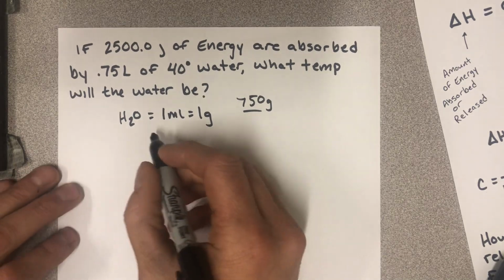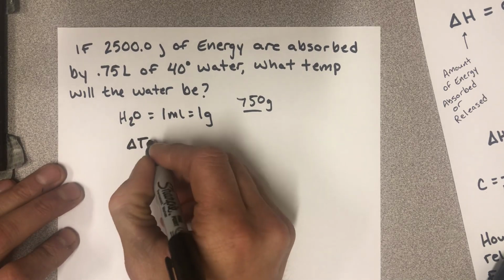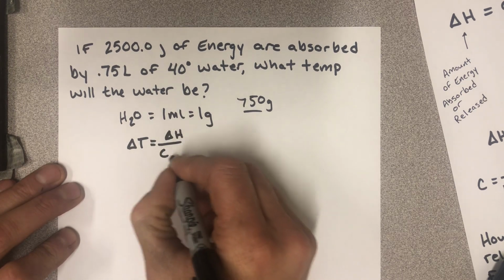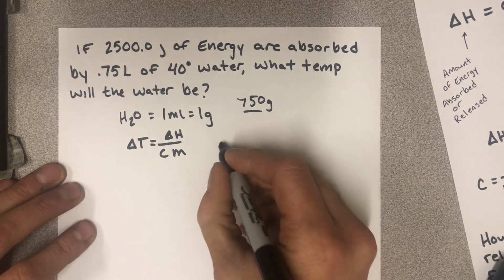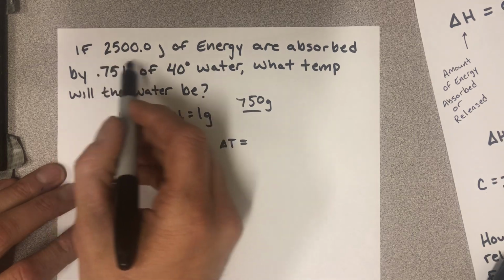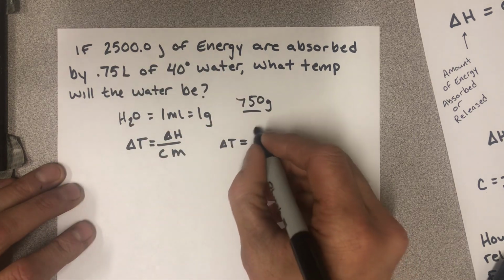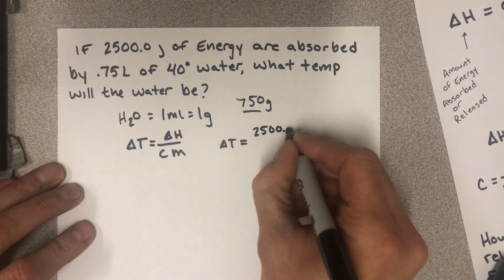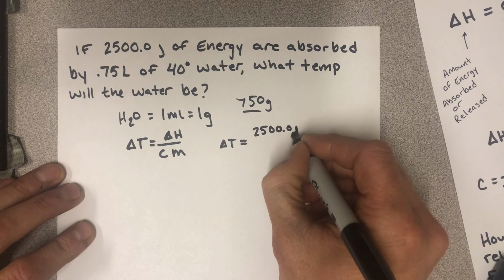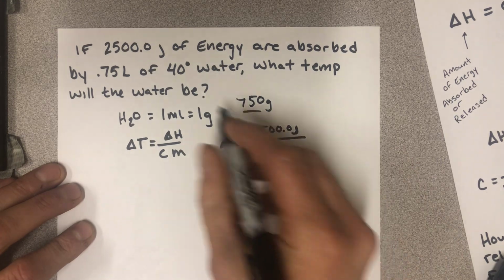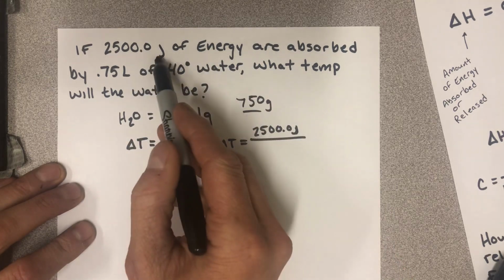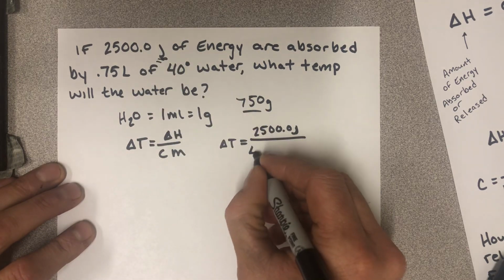So we'll set it up to solve for ΔT. And this is ΔH over c times m, okay? So ΔT equals our ΔH, which is given to us as the amount of energy absorbed, right? So that's 2,500 joules over the specific heat of water times the mass of water. And because, again, we're working in joules here, we're going to use the 4.18.